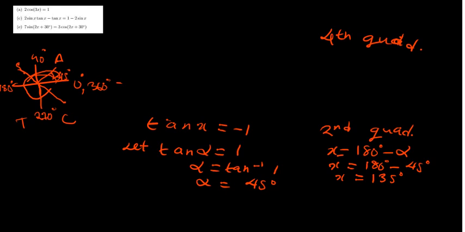From the fourth quadrant, the angle should not exceed 360. So that means x is equal to 360 degrees minus alpha. So x is equal to 360 degrees minus 45. When you subtract 45 from 360, you have 315 degrees.